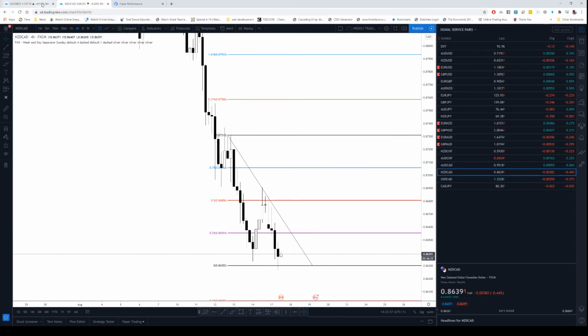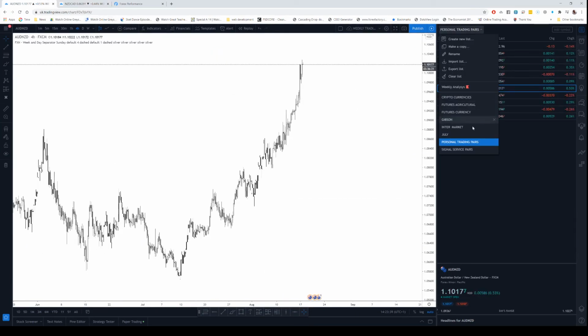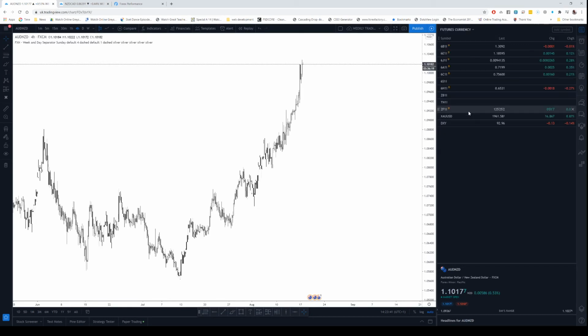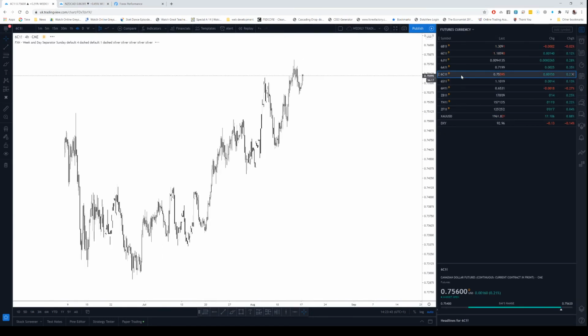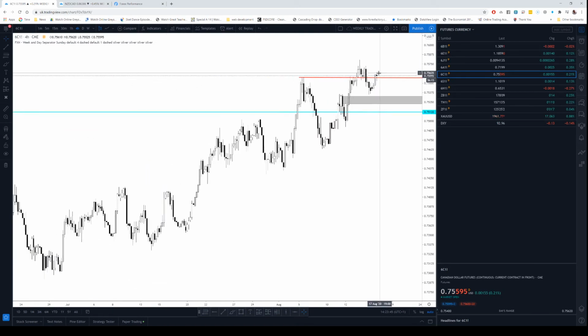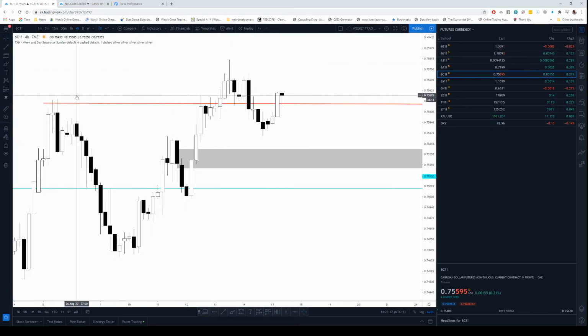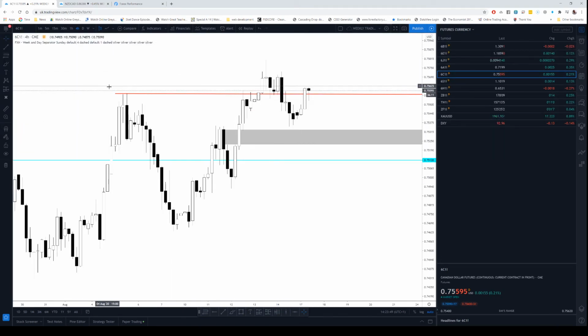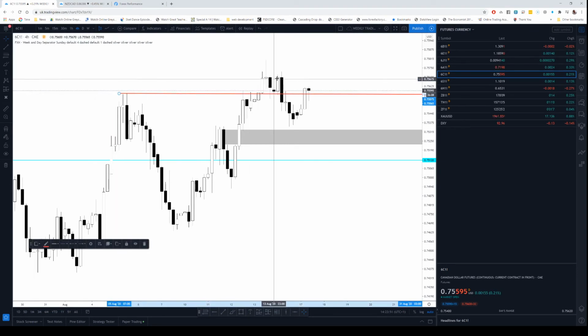Let's go on to this one and see how that trade idea came about. Right here, on Friday we did see price close back inside this range. When we were doing the live session, we saw price coming back for a retracement.